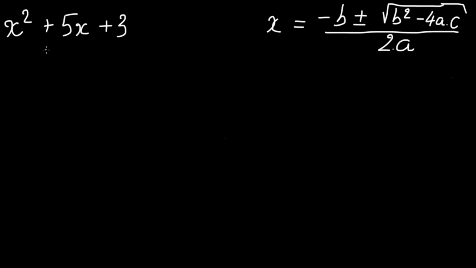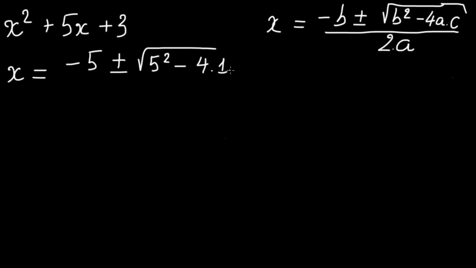What are we going to do here? We're going to factor this trinomial, and then we use the formula above to do it. So x equals negative b, which is negative 5, right? Plus or minus the square root of b squared minus 4ac, which is 5 squared minus 4 times 1 times 3, all divided by 2a. 2a is 2 times 1.